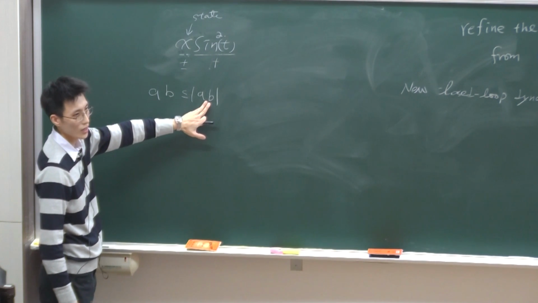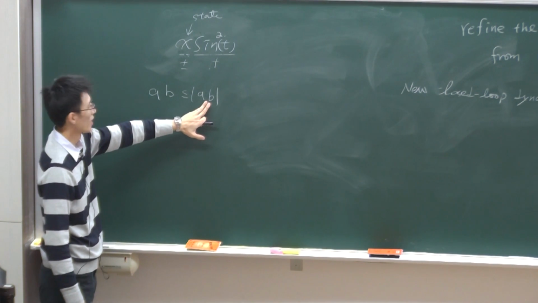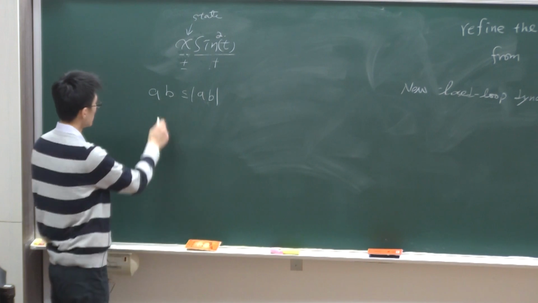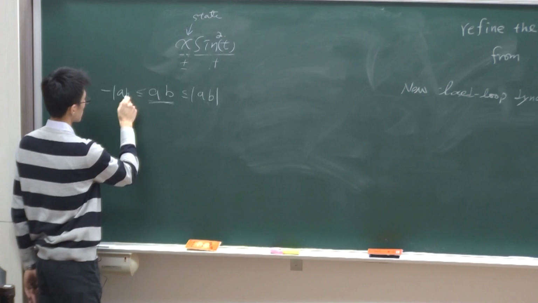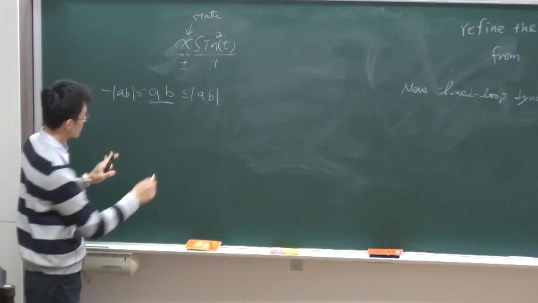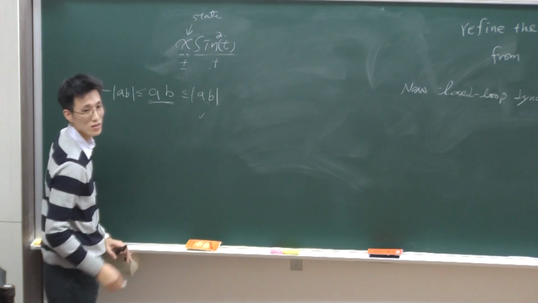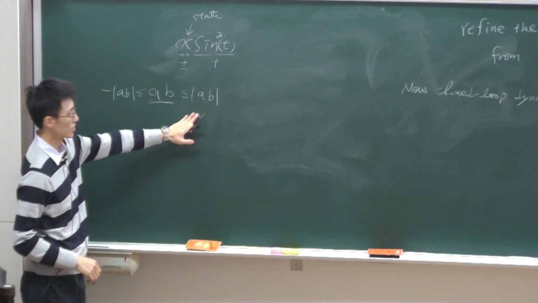It's always true, right? Because the range of AB is this, and the worst case is this. This is the worst case.